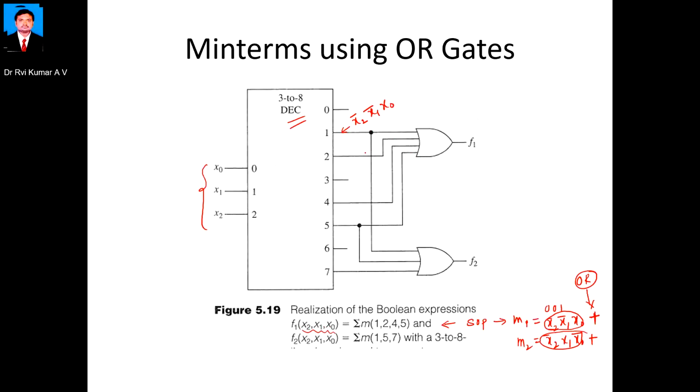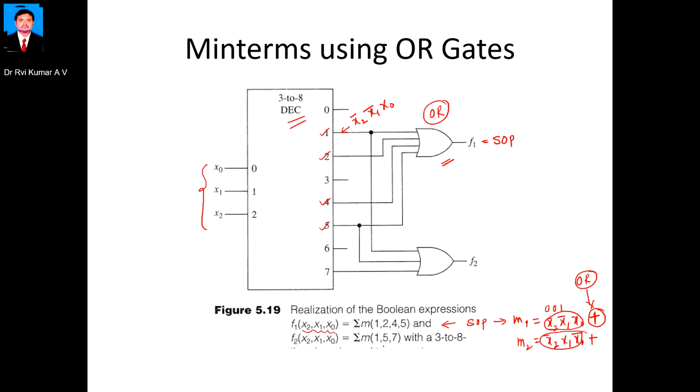So we have taken min-term 1, min-term 2, min-term 4 and min-term 5. All the Boolean expression at last I am supposed to OR. So to implement that SOP expression with active high outputs I am using the OR gate. So this is your SOP implementation.